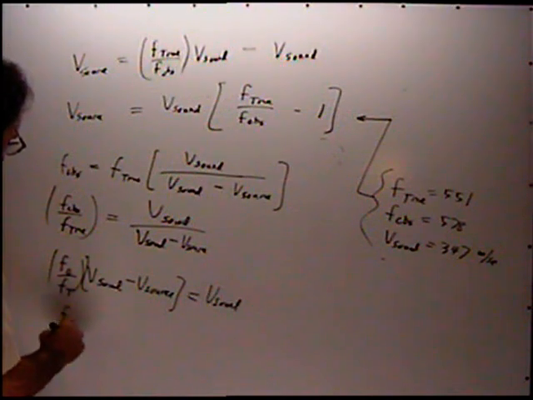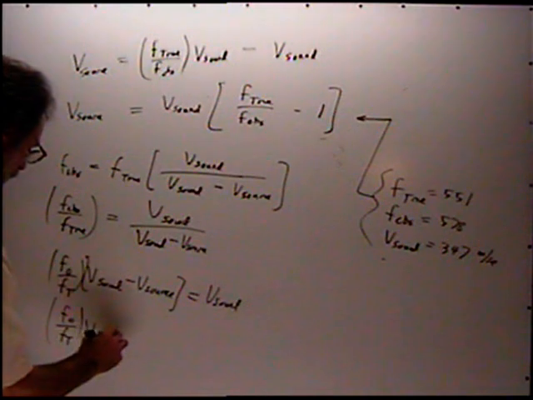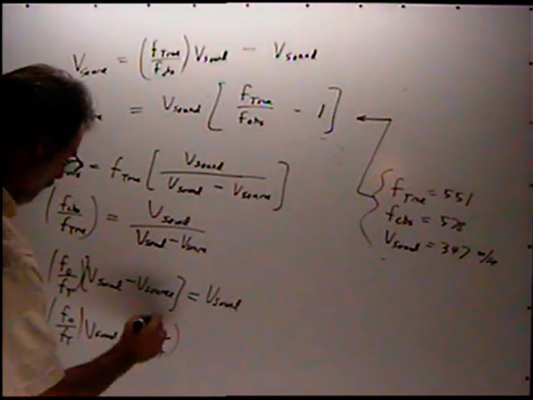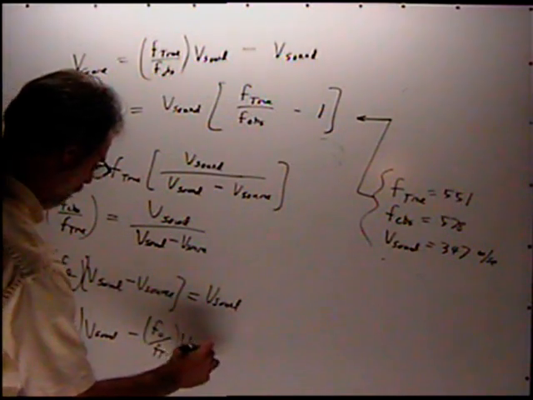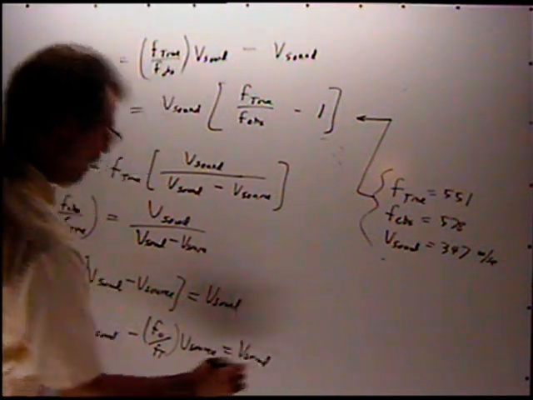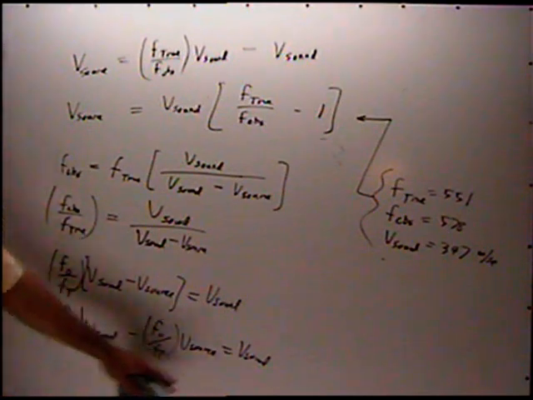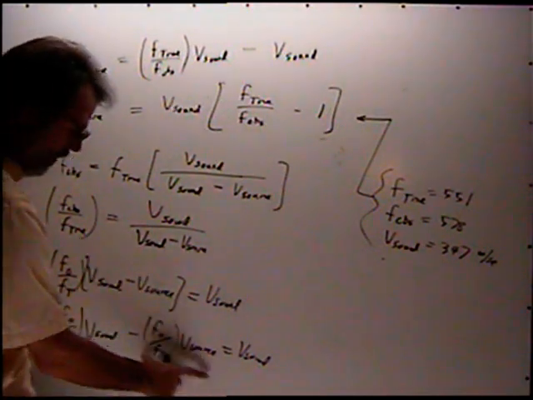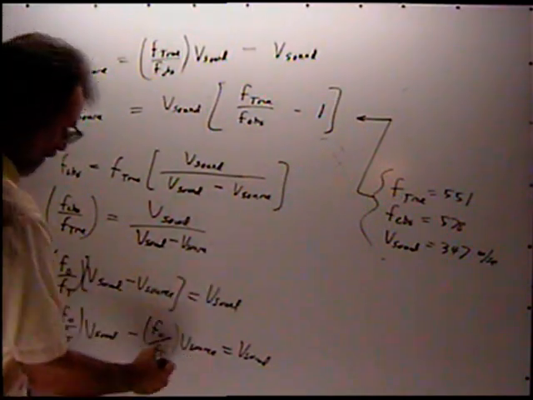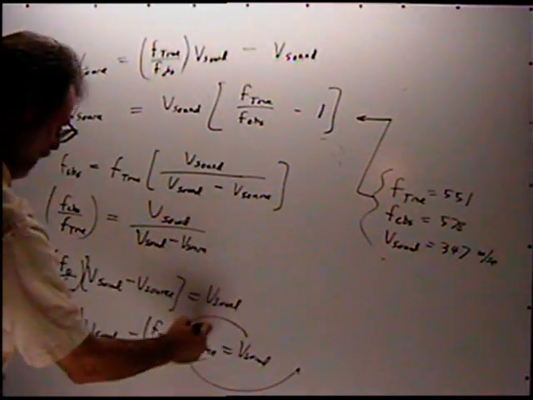So, well, let's do this. This ratio times V sound minus the same ratio, F ratio, times V source equals V sound. Okay, at this point we solve for V source, which means in order to do that we have to flip this term over here and this term over here.